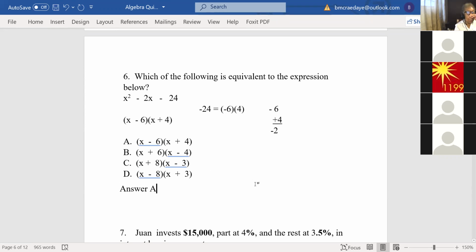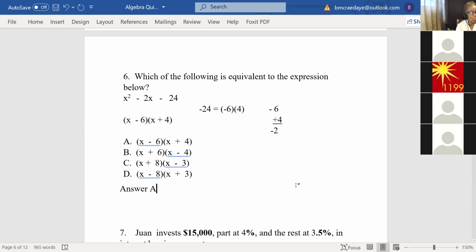What kind of equation is this, Latoya? Quadratic, yeah. Ax squared plus bx plus c, that's a c, that's a b, and that's an a, which in this case is a 1.